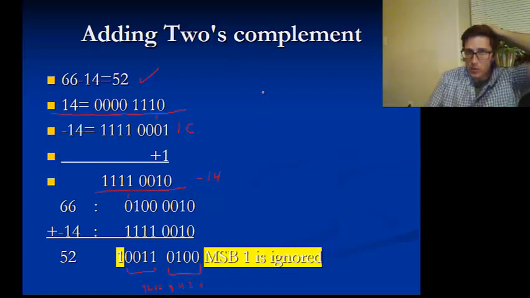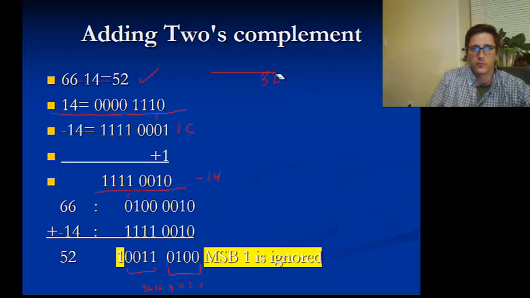So what we have is 32 plus 16 and then plus 4. 4 plus 16 is 20, and 20 plus 32 is equal to 52.